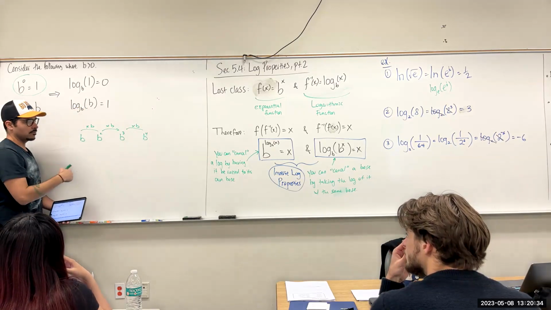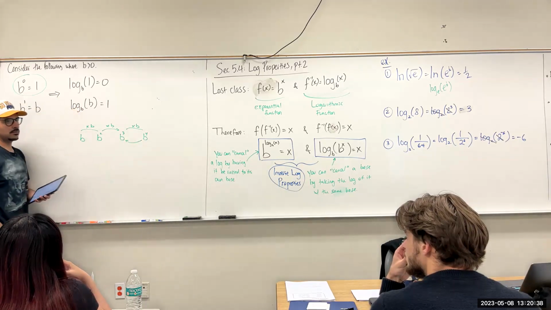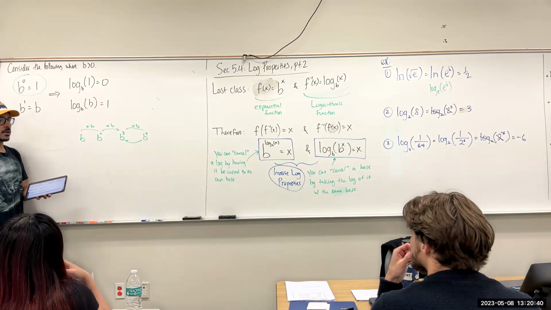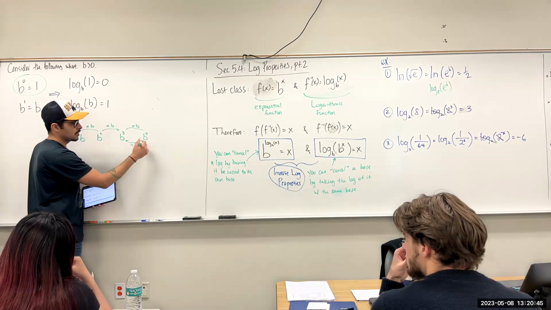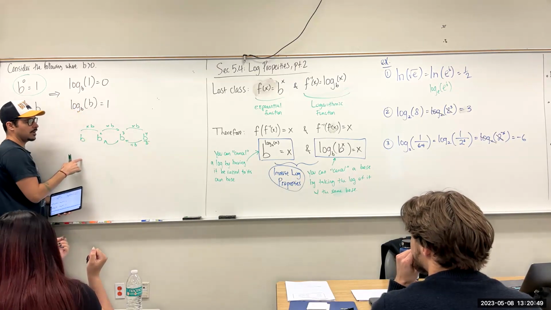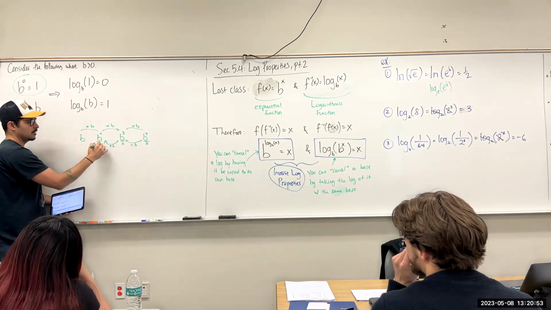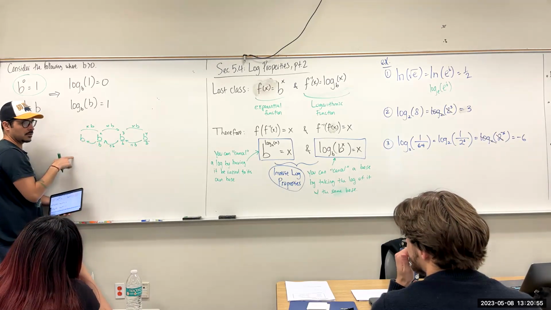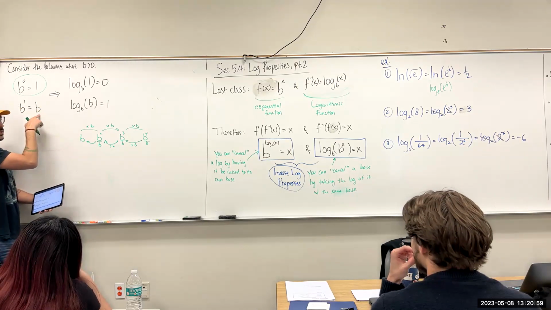Now let me go backwards though. How can I go from this one to this one? I have to divide by B. So I would have to divide this by B, and that gives me B cubed, right? And I've got to go backwards here, I have to do the same thing. Divide by B. But now to go here, B to the power of 1 is just B, right?